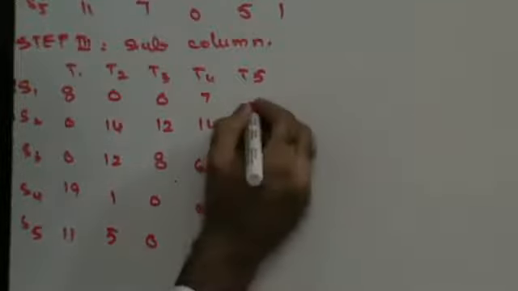Smallest element in the column is 0, leave it as it is. Smallest element in the column is 5, so in that case you will get this as 7, 14, 6, 0, 0. Right? Smallest element in the column is 0, so leave it as it is. So in that case you will get 0, 4, 4, 5, 1.